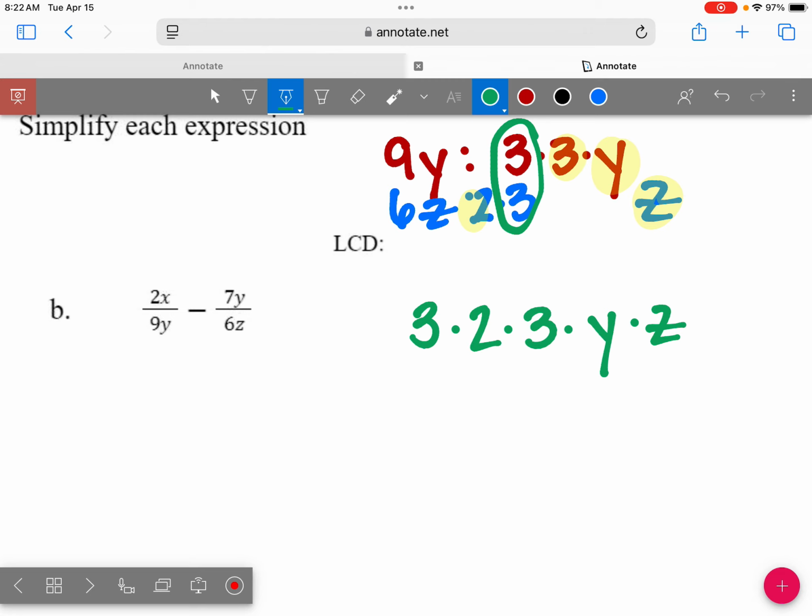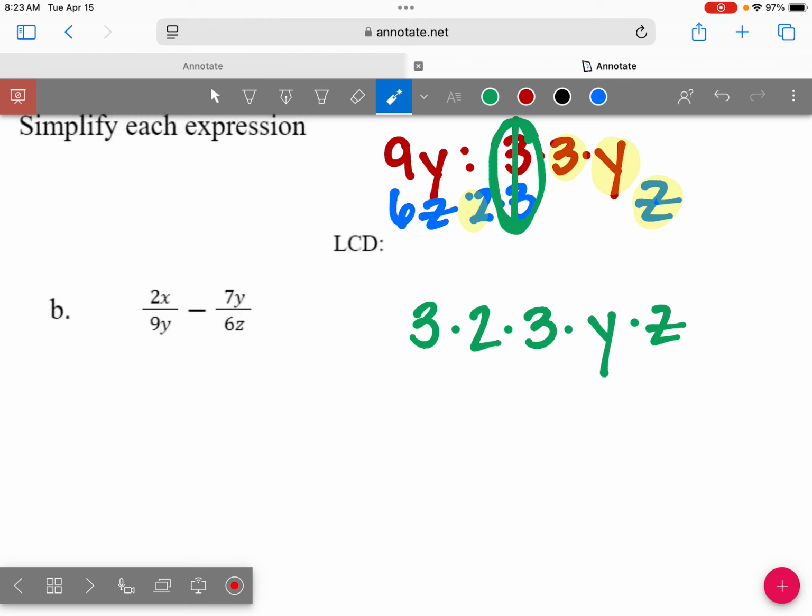So they both had a 3, so we can take that out. And then you have to add everything else that it didn't have. So I started with this 3, and then the 2 that I highlighted, I put here, and then this 3 that wasn't highlighted, I brought that down, and then the y and the z.